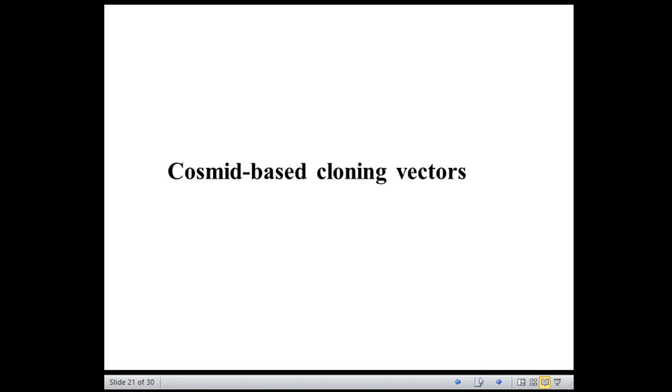Next we will discuss the cosmid based cloning vectors. The upper limit of the insert capacity of a bacteriophage, specifically the lambda bacteriophage, is approximately 21 kilo base pairs.